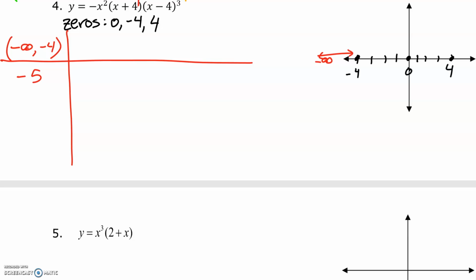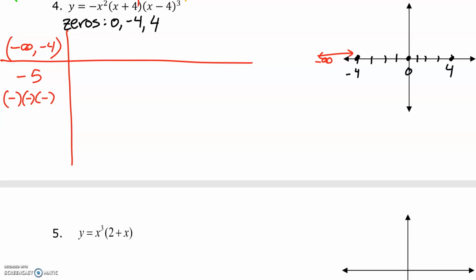So that's going to end up giving me a negative value because of the negative in front. Next one, we're going to end up with -5 plus 4, which is negative. And -5 minus 4, which is going to give us a -9. Negative cubed is always going to be the sign that it starts off with. So it would end up being a negative value.